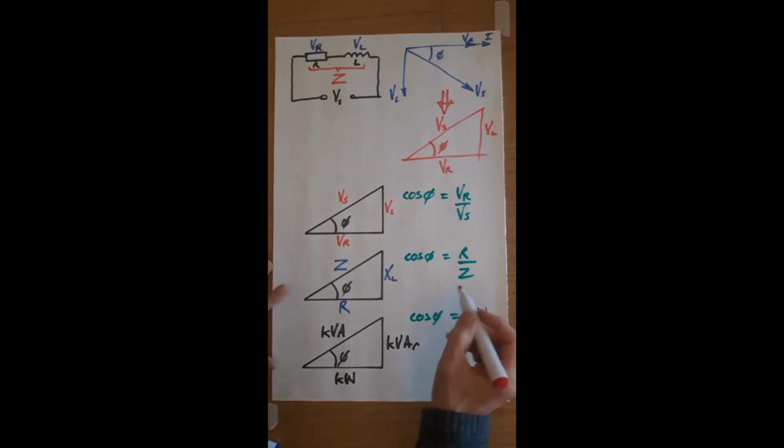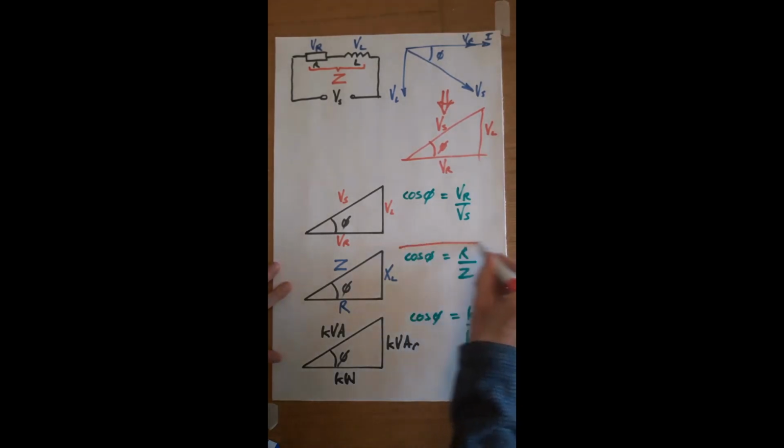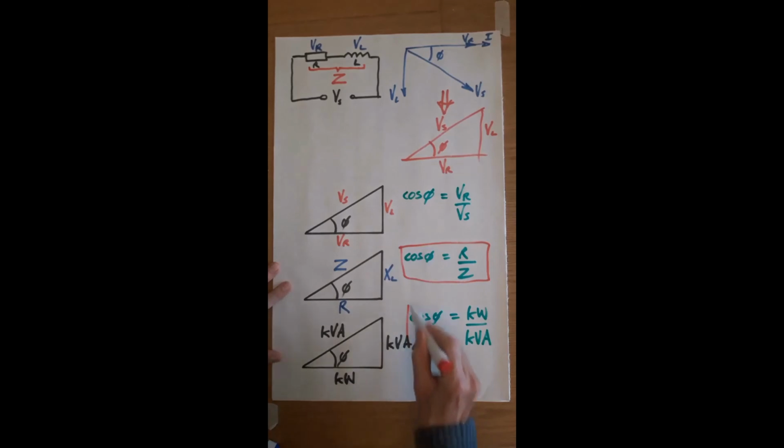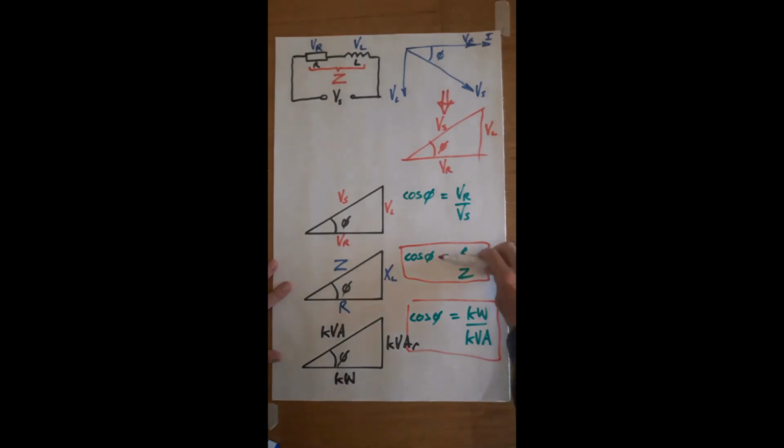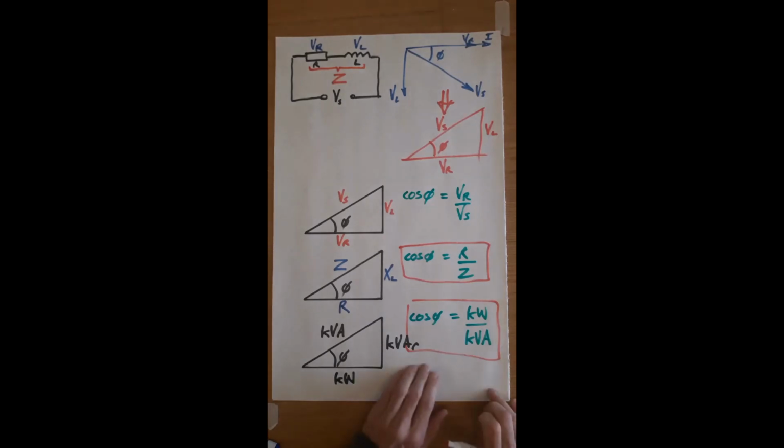These formulae are really important, especially this one and this one. In an end-of-year exam, at least two of these three are almost certain to appear. These two are the favourites. We'll revisit these triangles and the numbers at the end.